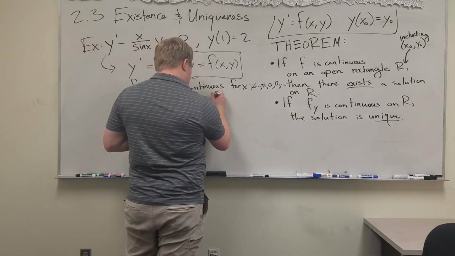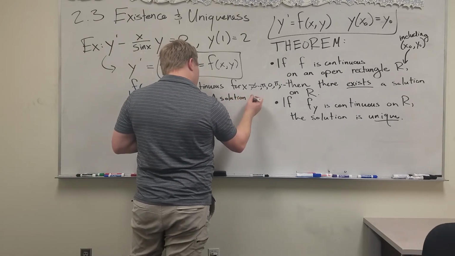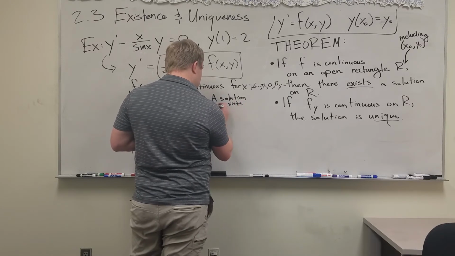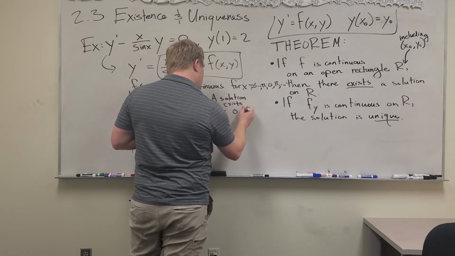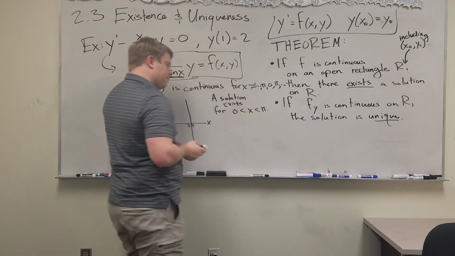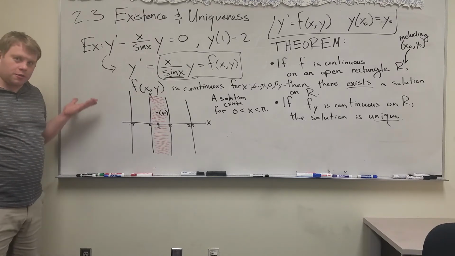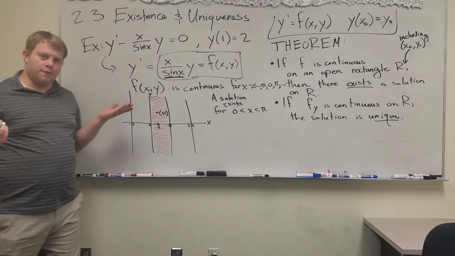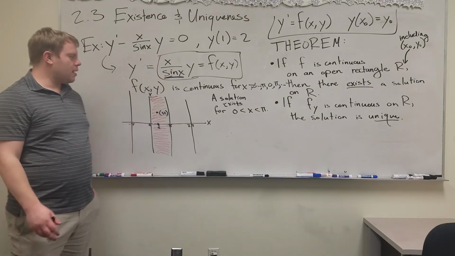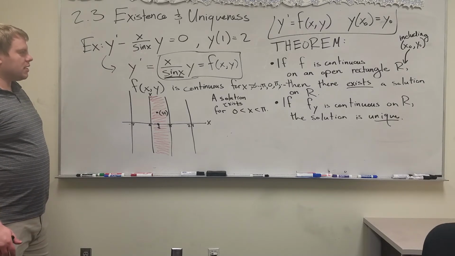I can say a solution exists for x from 0 to pi. Okay? I could include y from negative infinity to infinity, but that's just redundant information, right? So let's see. That is existence.